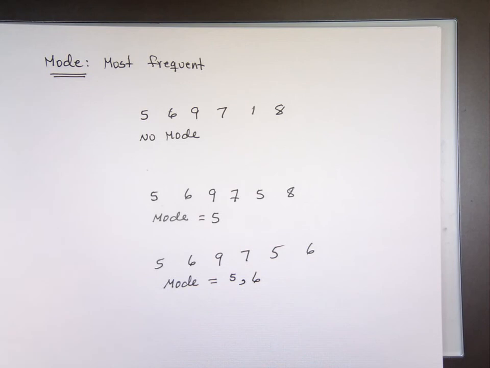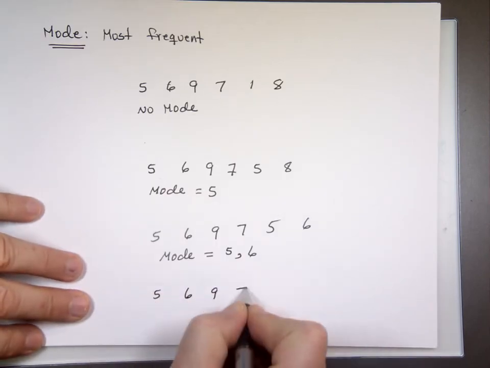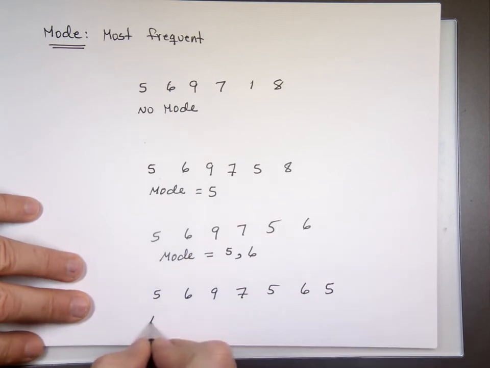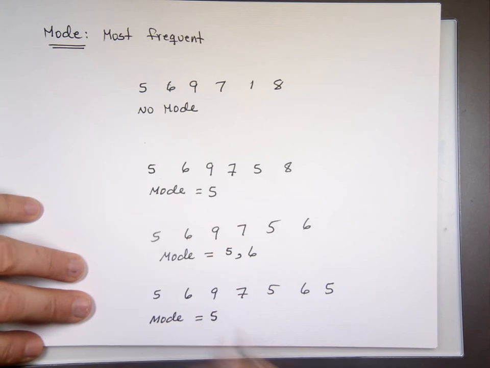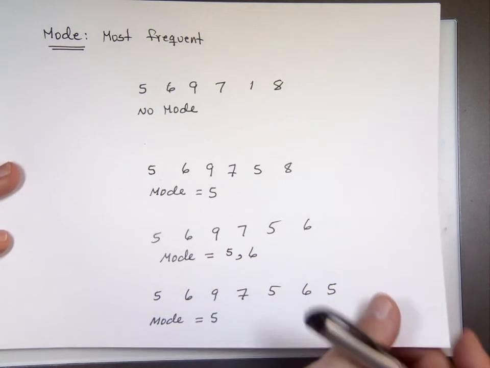So for modes, you don't add them and divide by 2 like we did with the median. You just list them. Or if you have 5, 6, 9, 7, 5, 6, 5. What's the mode? Back to 5. 6 is no longer a mode because the 5 showed up how many times? 3 times. So that's what the word mode is, most frequent.